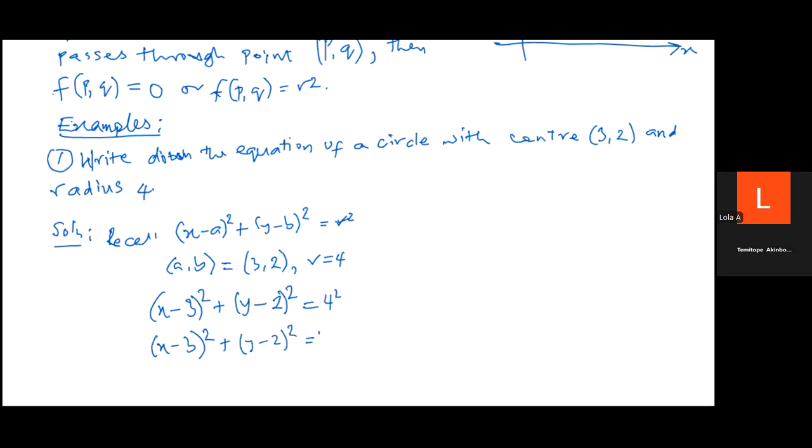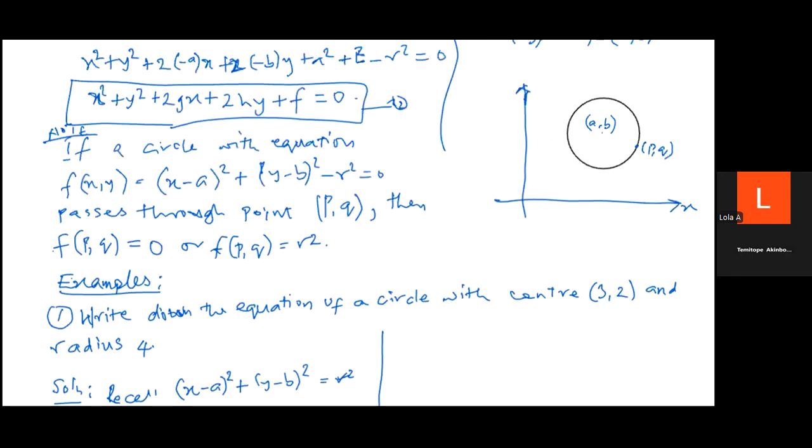So that's the equation of the circle in completed form. But at times, the question can say you should write the equation of the circle in the form of equation 2 that we have here. If you're asked to leave your answer in this form, then you expand and simplify.